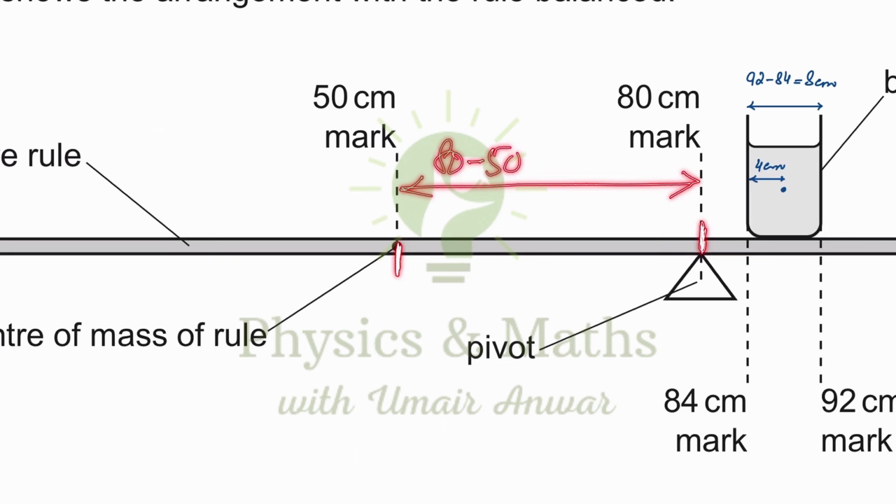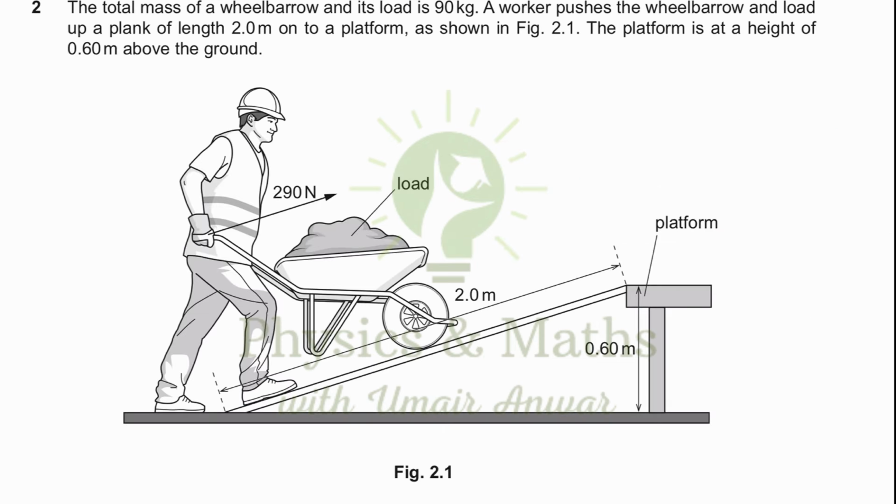So 30 would be used here. Now M2 will be equal to 410 divided by 1000 multiplied by 8 and divided by 30. So the mass of the rule comes out to be 0.11 kilograms here.